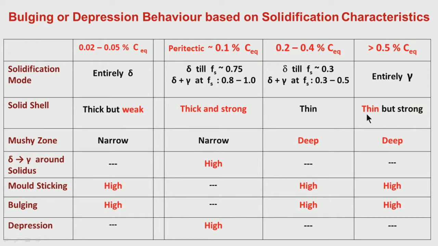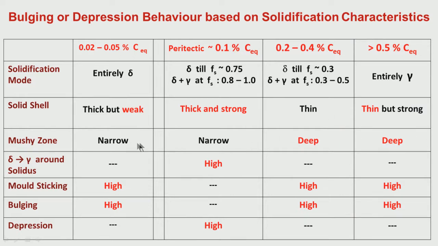So we have a thin solid shell, but it is relatively strong because it is austenite, whose high temperature strength is more than that of delta ferrite. There it was thick but relatively weak. Here it is thin but relatively strong, and it is thin due to a lot of microsegregation. So the mushy zone here is deep. The mushy zone for higher carbon is deep because of microsegregation.